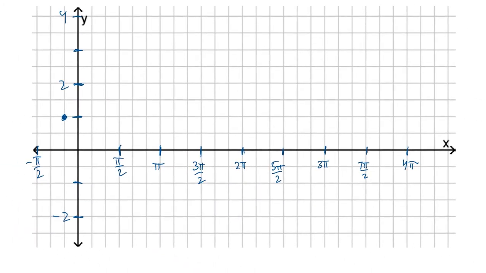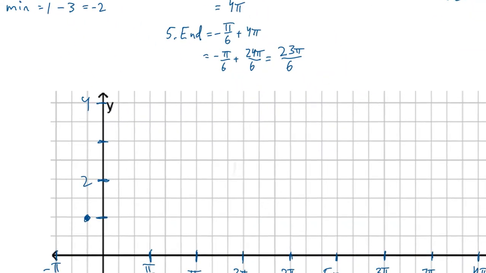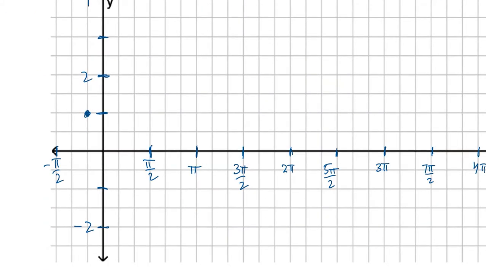If you're doing the counting squares method, sine usually goes to the max. But this is reflected, so it goes to the min. Again, we've already figured out what the min is. It's negative 2. So I'm going to go to negative 2. 1, 2, 3, 4, 5, 6. Back to the 0 line. 1, 2, 3, 4, 5, 6.